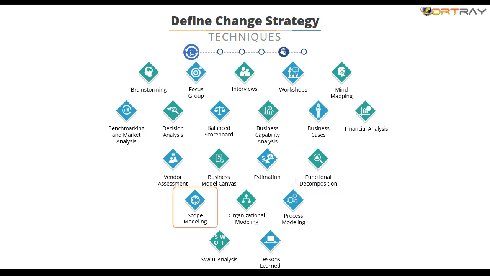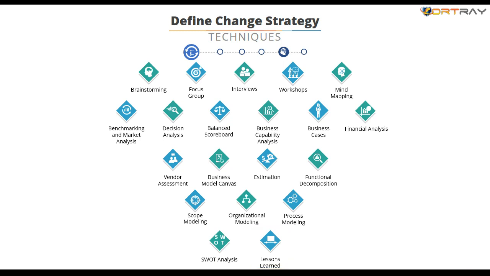Scope modeling is used to define boundaries of the enterprise in the future state. The organizational modeling is used to describe roles, responsibilities, and reporting structure, which will exist in future state. Process modeling is used to describe how the work would be performed in the future state. A SWOT analysis may be performed to identify threats, which may be exploited or mitigated by the future state. Lessons learned is used to determine which opportunities for improvement may be addressed.